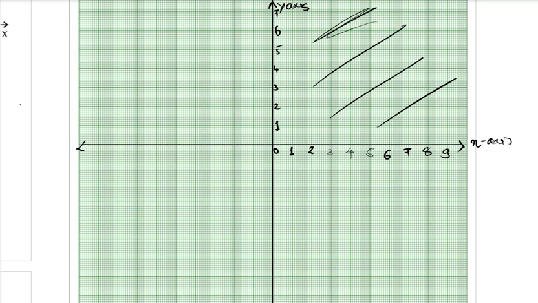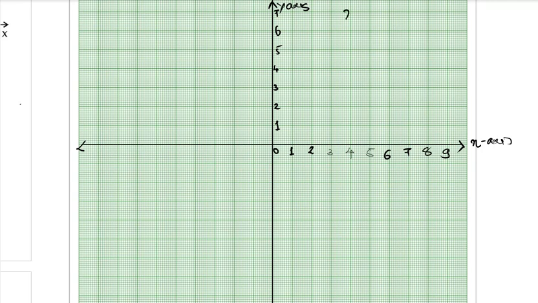In this section where I have written the numbers, all the x coordinates and the y coordinates are positive.